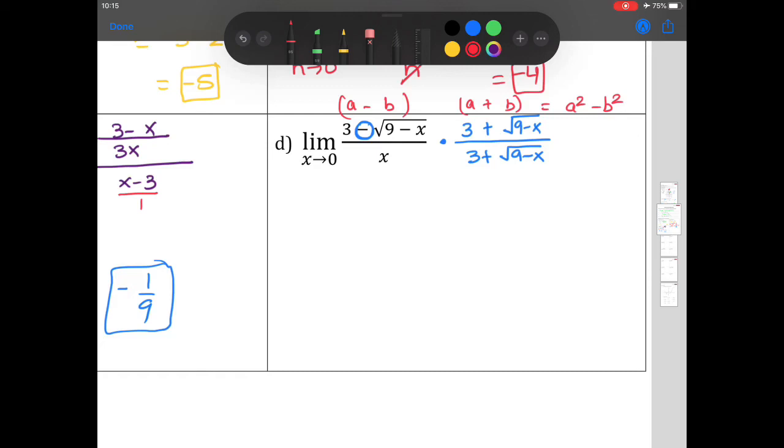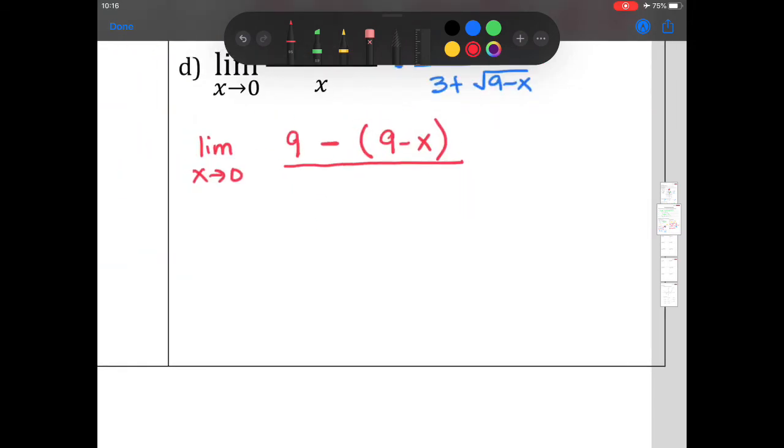So this would be the limit as x approaches 0. This would be 9 minus, in parentheses, 9 minus x, the square root cancels out, over x times 3 plus the square root of 9 minus x. If you are lost with that, you can just double distribute it.